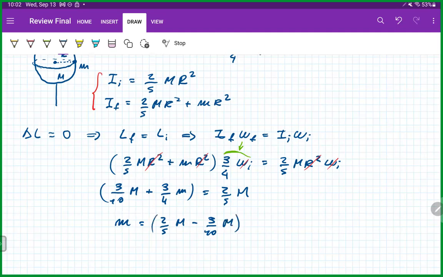and I'm multiplying by 4/3 on this side.